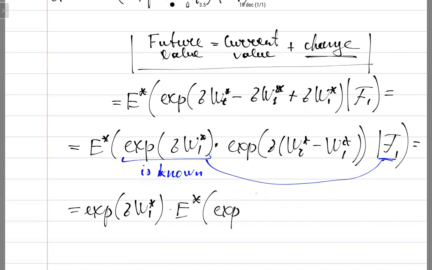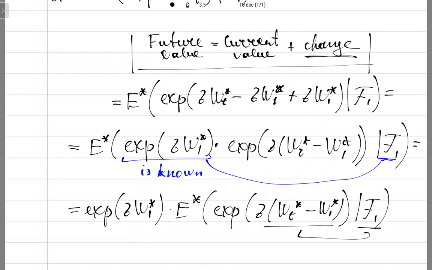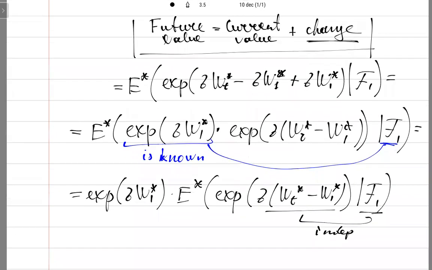And if I'd like to work with the second term, I see that it is independent. Yes, independent.